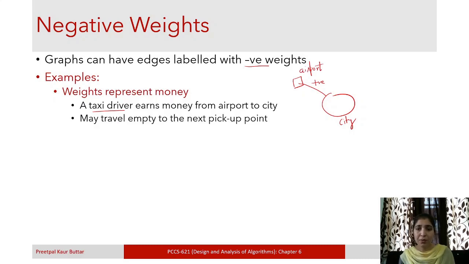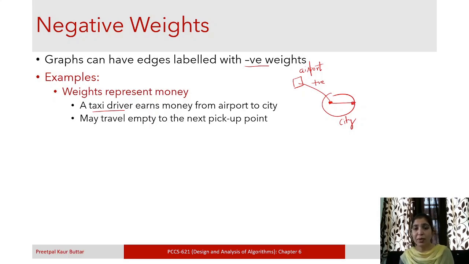Now, from some point in the city, the taxi driver has to go to some other point, and it may happen that at this point he does not get any passenger. So he will travel empty to this point. On this path, does he earn money? No, he will certainly not earn money. Will he lose money?